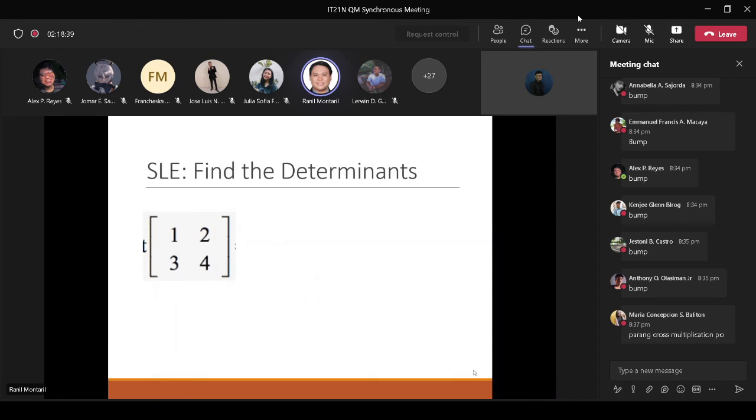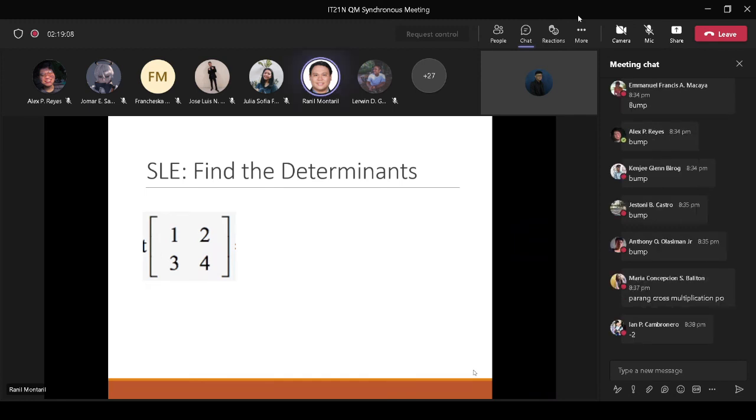Now, given this problem, what is our determinants? We have 1, 2, 3, 4. Can you please compute kung ano yung magiging determinants? Then post it in the chat kung ano yung value na na-compute ninyo. So basically, negative 2 raw.